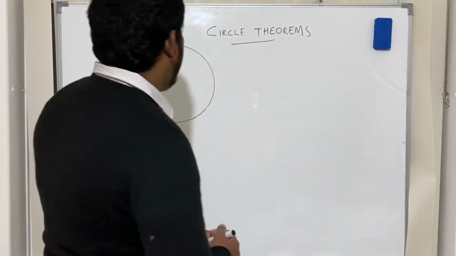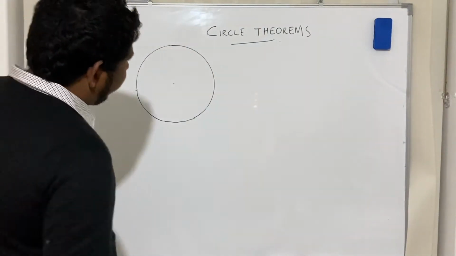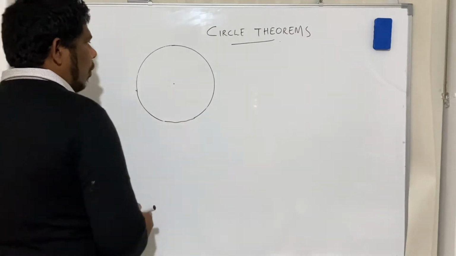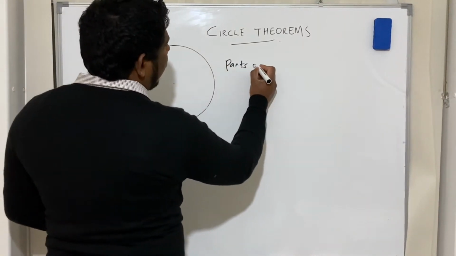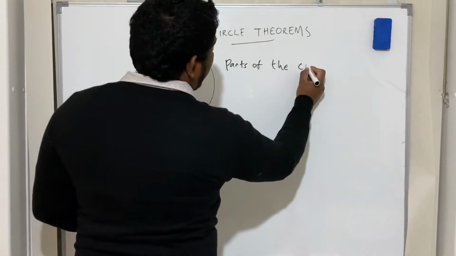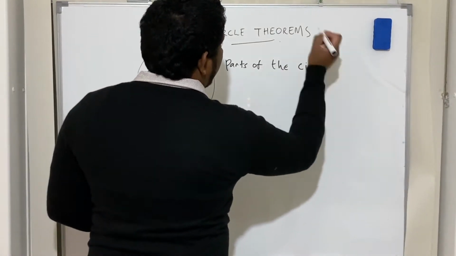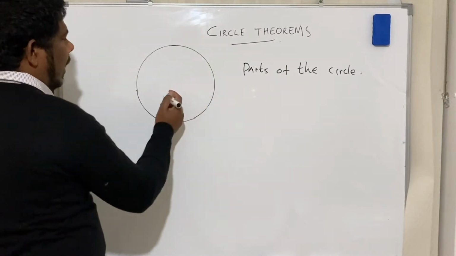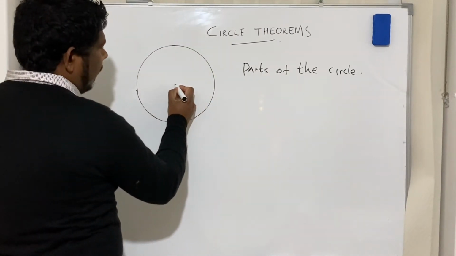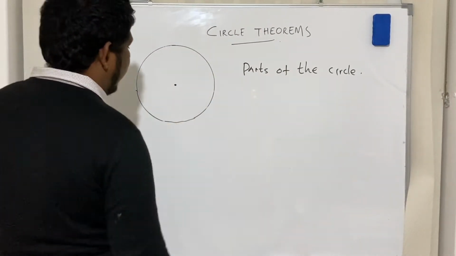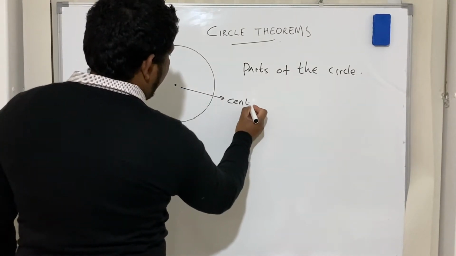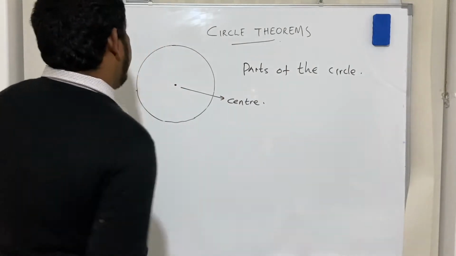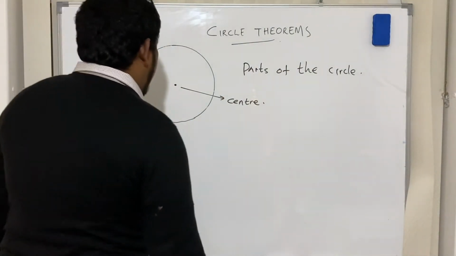So this is the circle, and first of all we're going to have a look at the parts of the circle. A circle has a center. It's the very middle point, called the center.